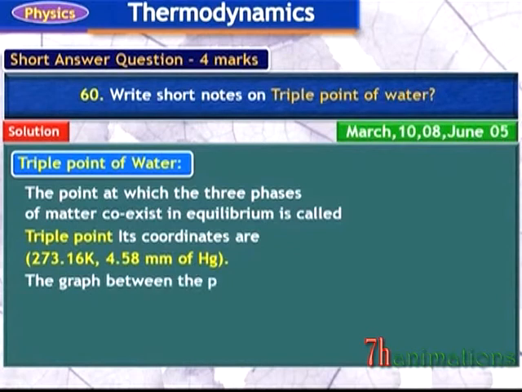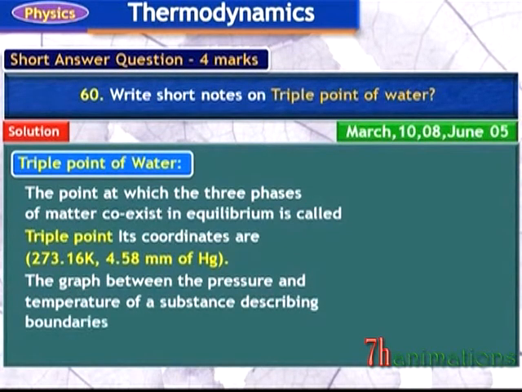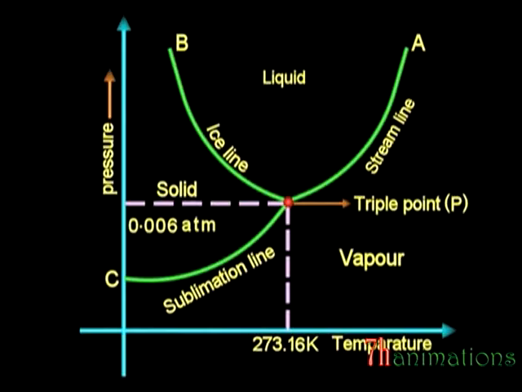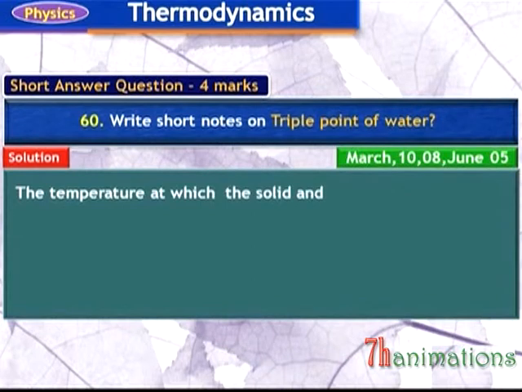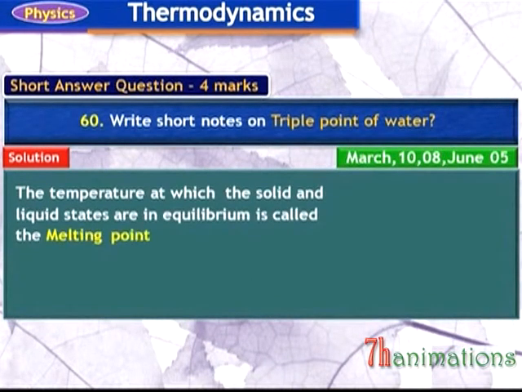The graph between the pressure and temperature of a substance describing the boundaries between the phases is called a phase diagram. If I consider a phase diagram for water as shown in the figure, the temperature at which solid and liquid states are in equilibrium is called the melting point.